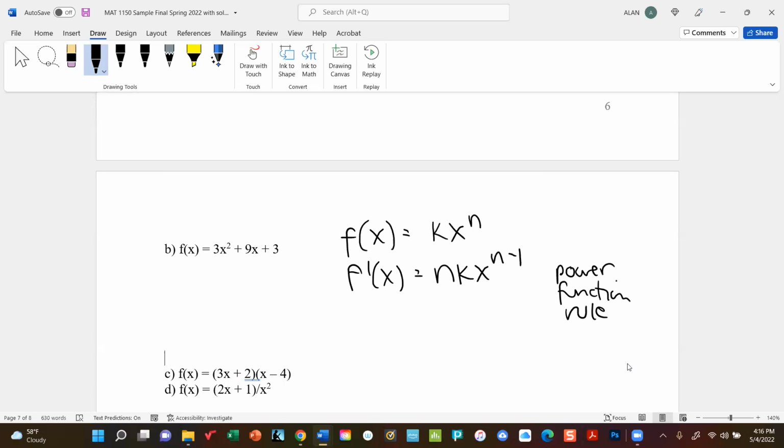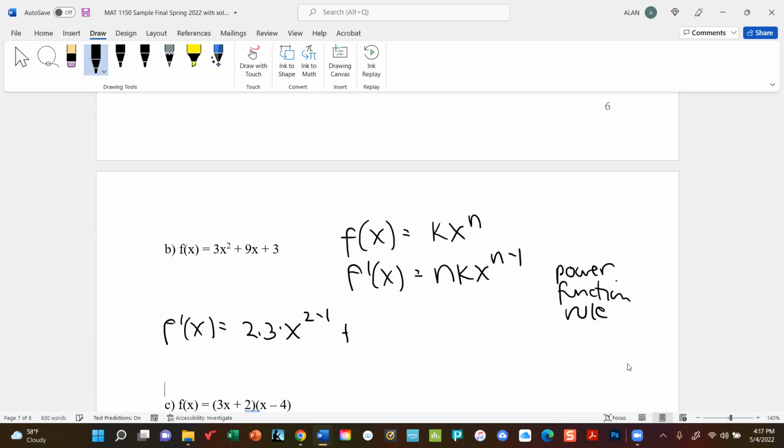So the first term, we'll have 2 times 3 times x to the 2 minus 1.